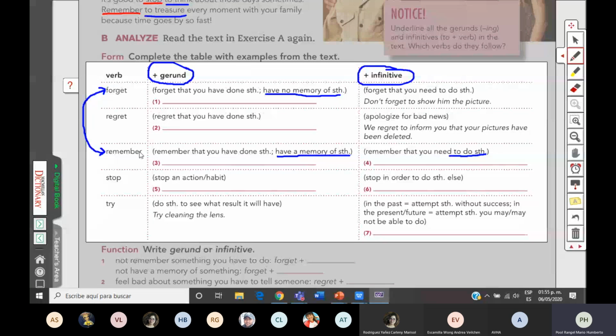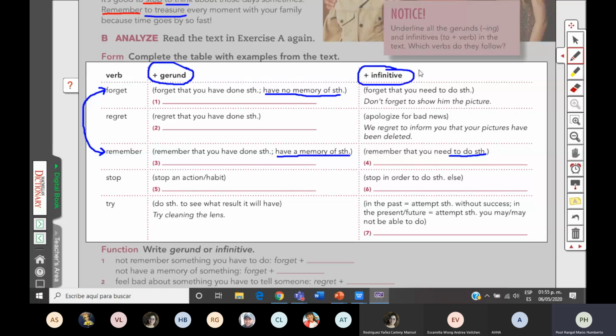I remember drinking, but I forgot coming home because I have no memory of coming home. ¿Sí? Ok. Forget con gerund también se refiere a memorias, pero a no tenerlas. ¿Sí? A no recordar. Es que pues yo me acuerdo haber ido a la fiesta y me acuerdo haber estado con los amigos y ahí estábamos tomando, pero no me acuerdo regresar a la casa. So I forgot coming home. I have no memory of that.